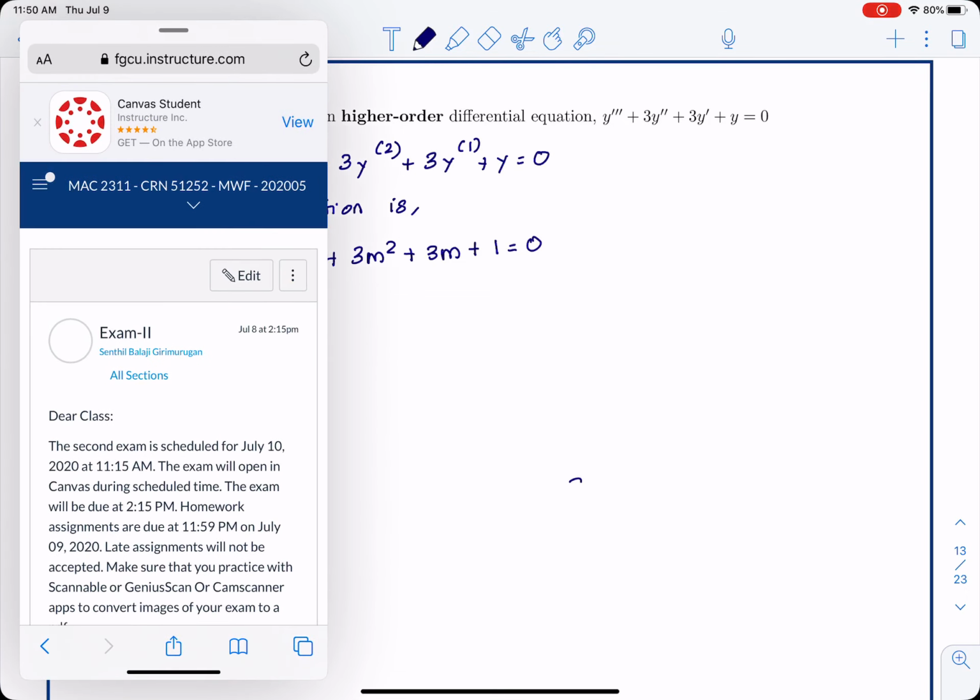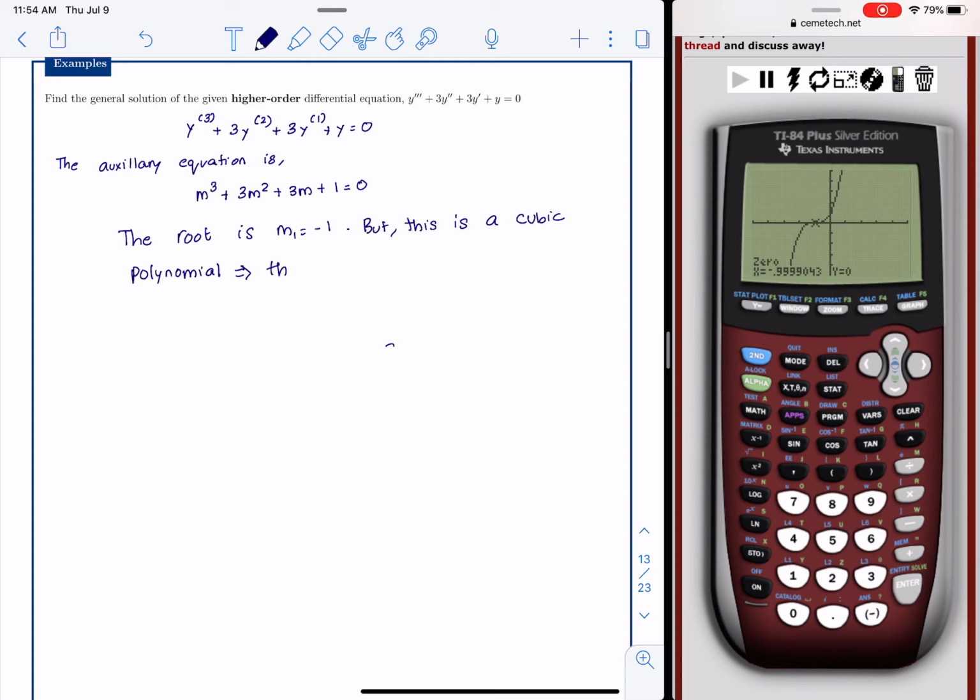So what we have is m1 equals negative 1. But this is a cubic polynomial. That would imply that there are 3 roots.